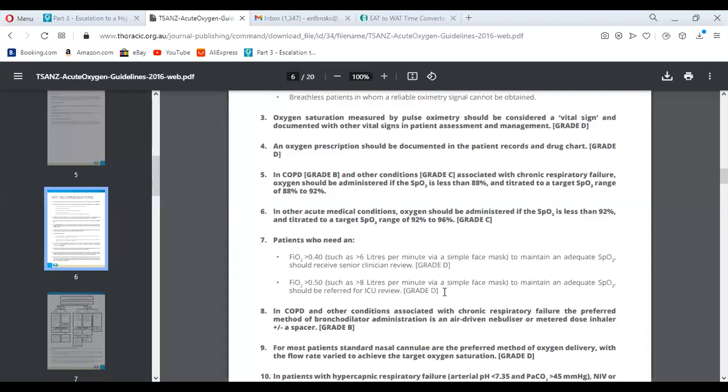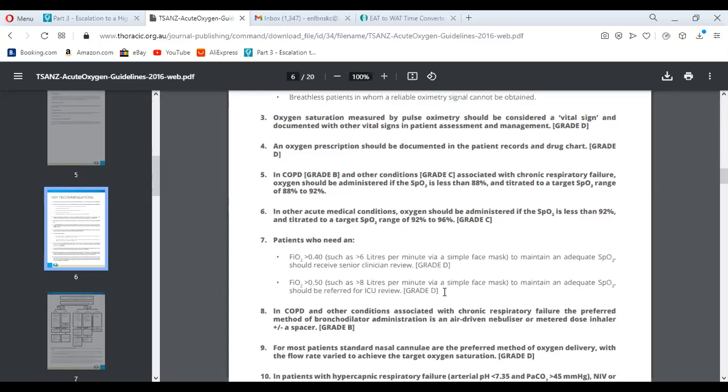So once a patient requires a flow rate of greater than 8 liters per minute, the ICU team should be notified. And if it happens in a facility where there is no ICU or ICU team, then such a patient should be considered for a higher level of care.